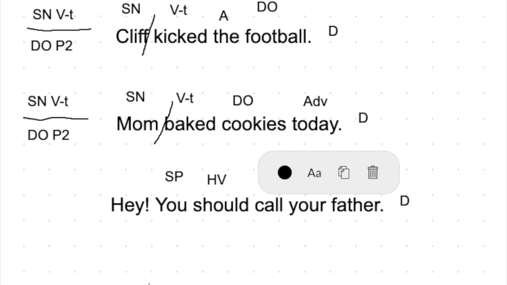It's a declarative sentence because we have a period at the end and it's a statement. Let's divide. Oh, actually, before we do that, though, I almost forgot. We have a direct object here, so we need to label this VT. We have a verb transitive.